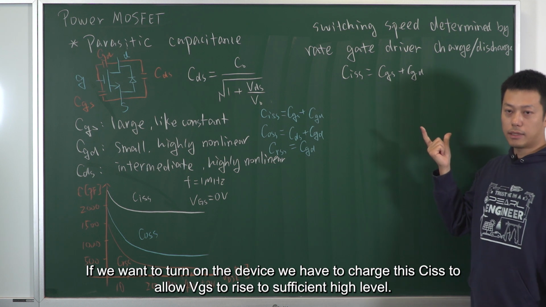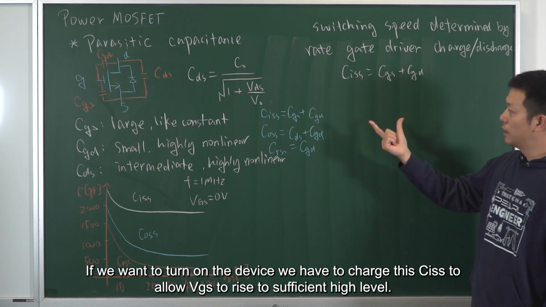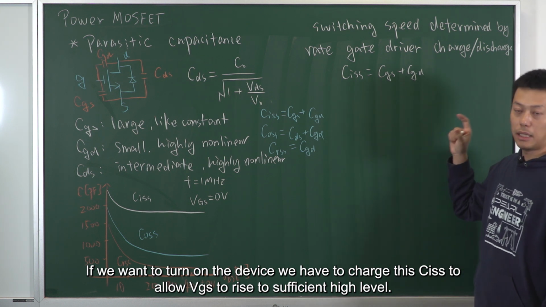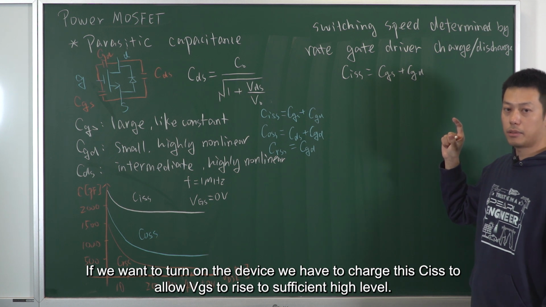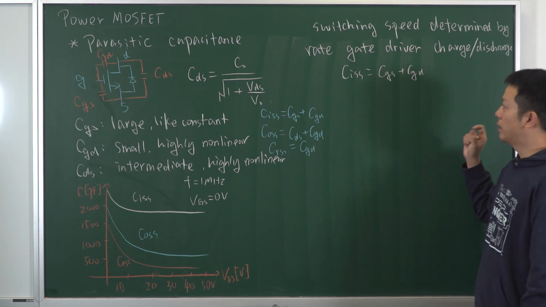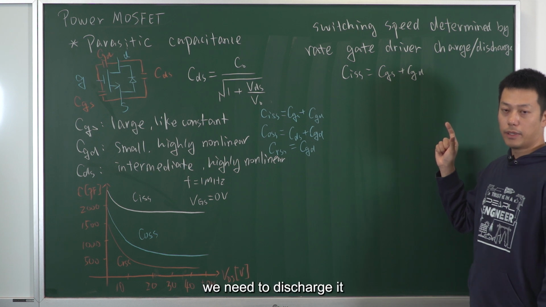If we want to turn on the device, we have to charge this CISS to allow VGS to rise to a sufficiently high level, right? If we want to turn off, we need to discharge it.